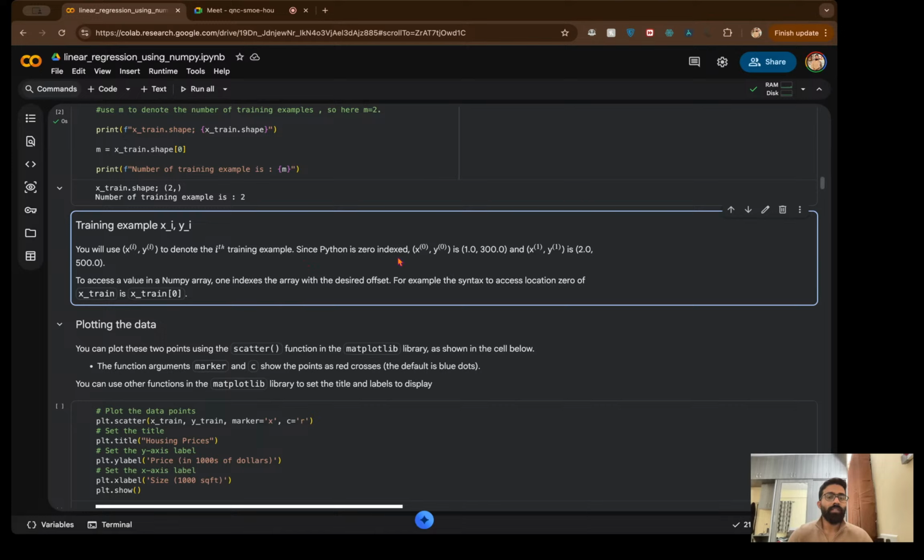So since Python is 0 indexed, we can say x0, y0 is 1.0 comma 300. This is the first data point, and this is the second data point, x1, y1, 2 comma 500.